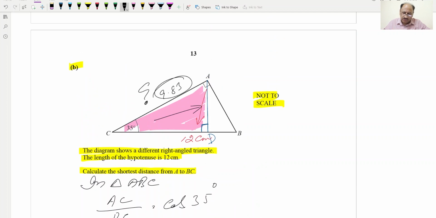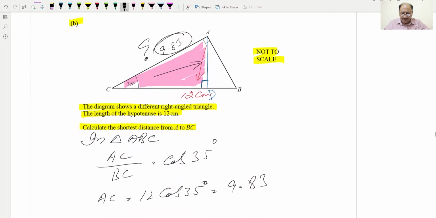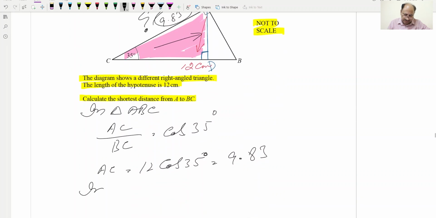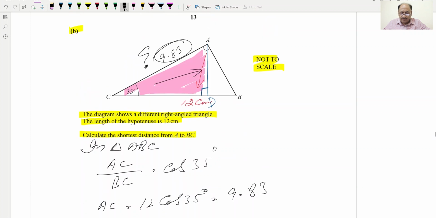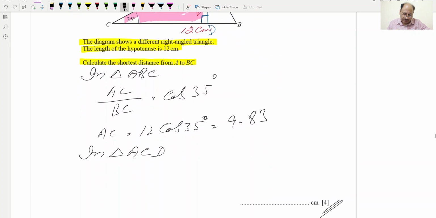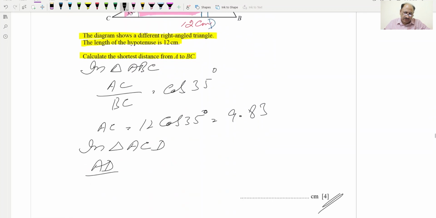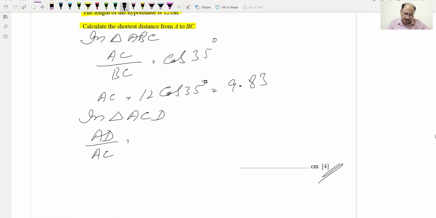Now we can use this value. In triangle ACD, opposite over hypotenuse is sine theta, so we can write AD over AC is equal to sine of 35 degrees.